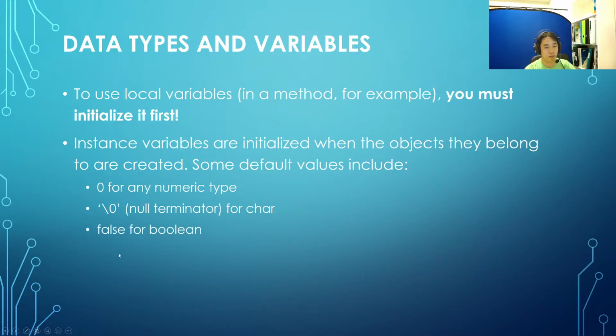We also have false for booleans. It kind of makes sense because false means 0 as an integer. And finally, we initialize any complex data type variables with null. Null means nothing, okay?